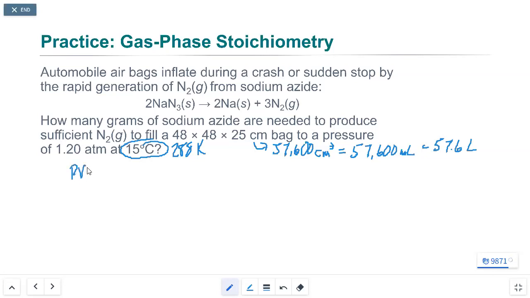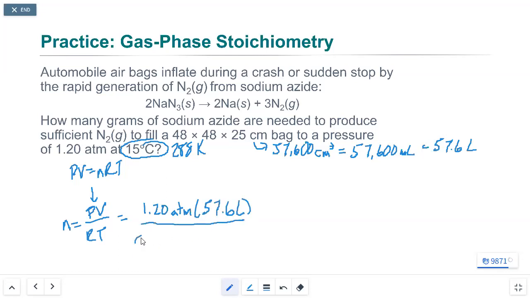We're going to turn the ideal gas law into a method to create moles. Pressure was 1.20 atmospheres. Volume is 57.6 liters.